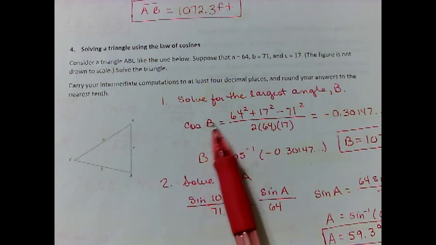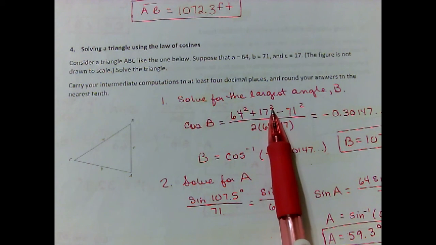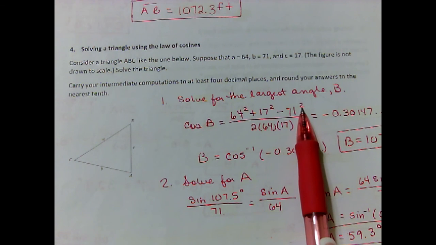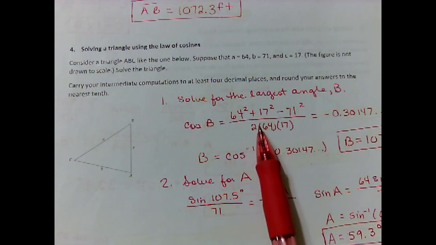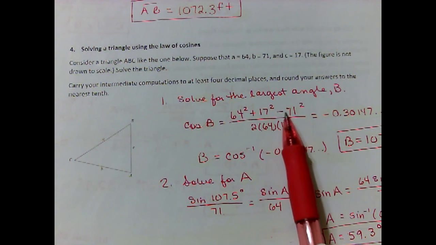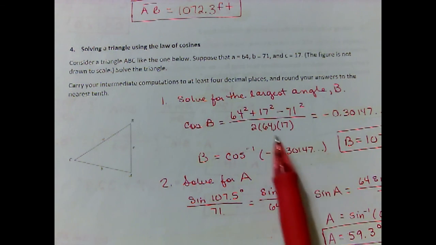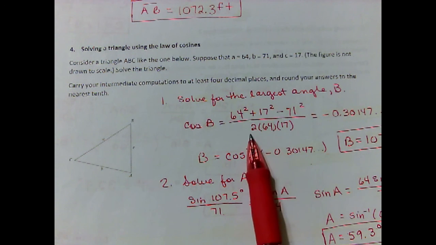So 64 squared plus 17 squared minus 71 squared divided by 2 times 64 times 17. Remember, when you're solving for B here, this will be little b and the other 2 will be A and C. Okay. Alright, I went ahead and plugged this into the calculator.